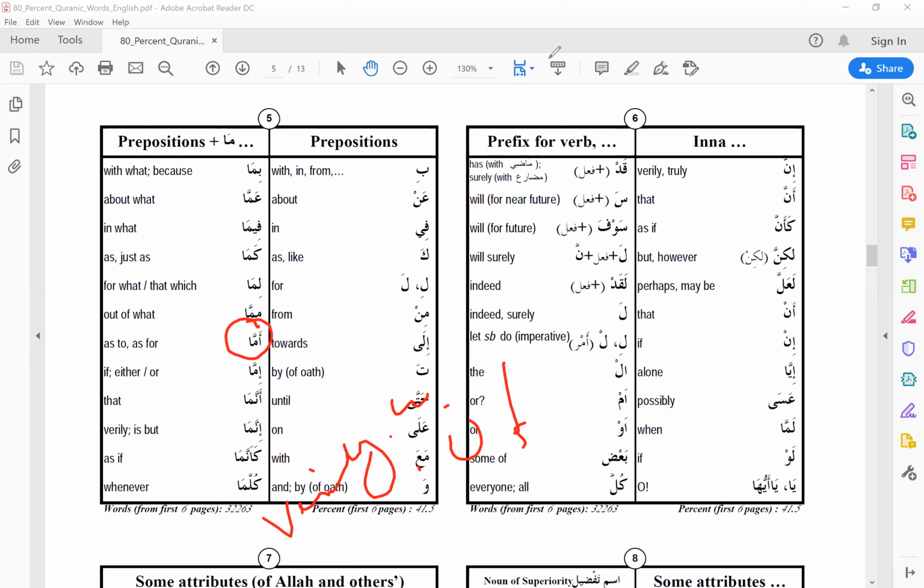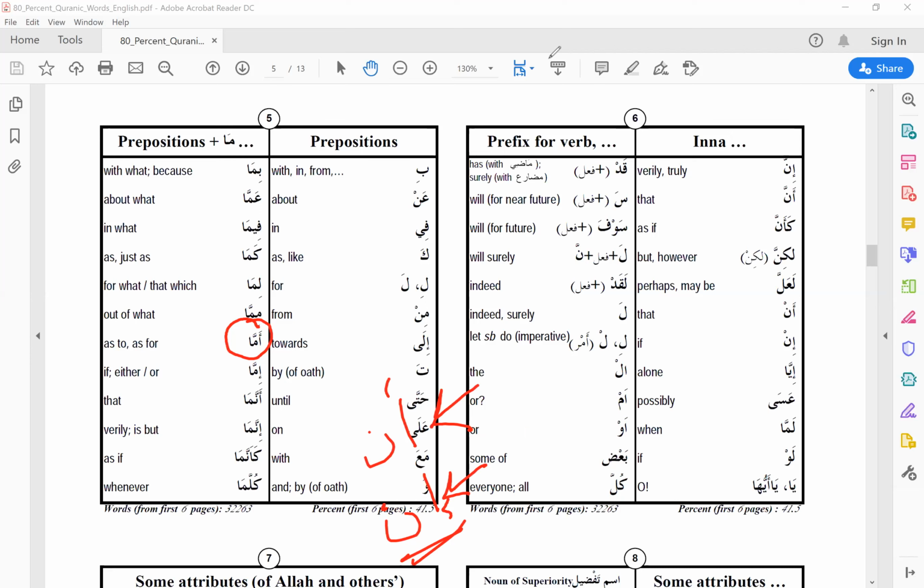But anna is more descriptive. Now you're going to go into more explanation as to why and what really is that matter. So anna is different than inna. Inna is affirming something, inna verily, and anna that is such and such.